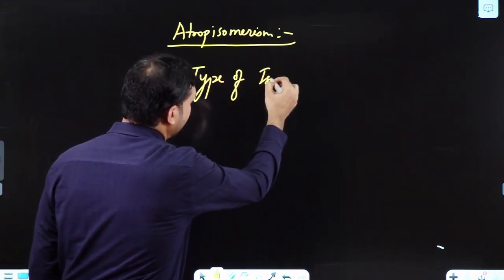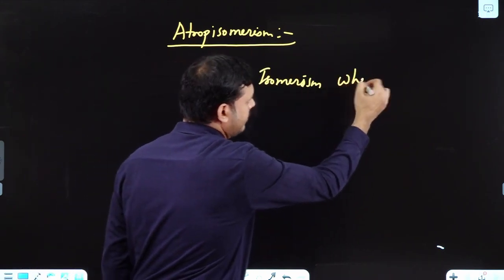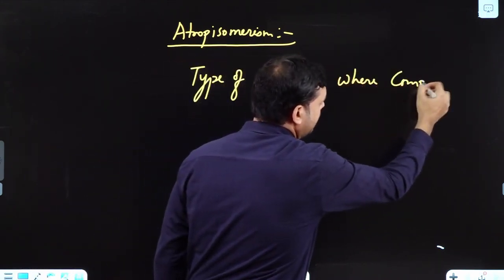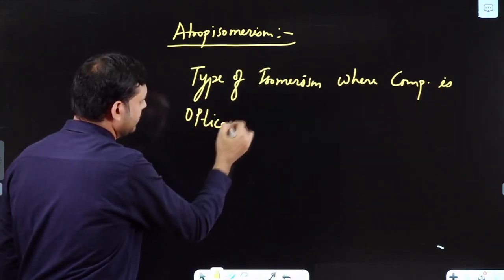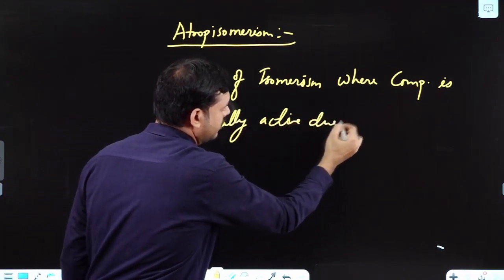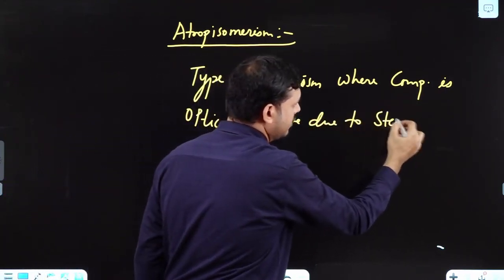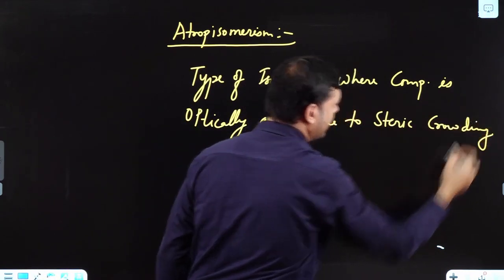Type of isomerism where compound is optically active due to steric crowding, in simple terms.